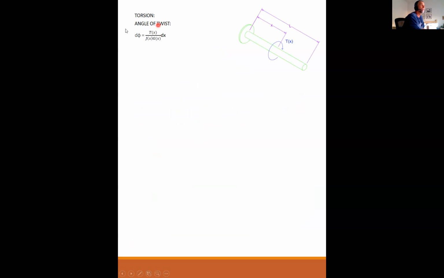I just reproduce the same: d phi is torque over JG dx. And this is an illustration of what we're doing. The torque is an arbitrary torque at an arbitrary location x, and L is the overall length of the member. So now what do we do when we have a d phi and a dx? We have to integrate. When we integrate, we get phi.